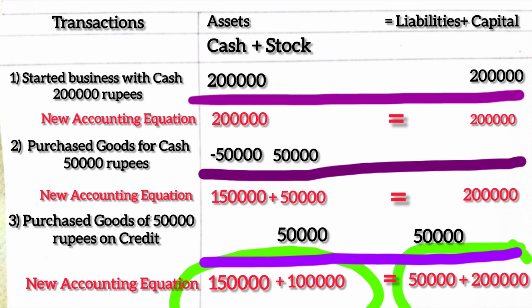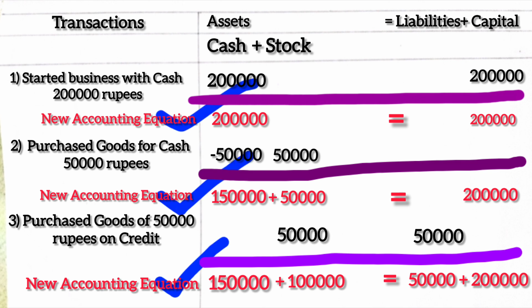That is our left hand side, and our right hand side is 50,000 plus 2 lakh is equal to 2 lakh 50. Yes or no? You see, the accounting equation is always tallied. So whatsoever transactions take place in business, no matter what is happening in the business, the accounting equation will always hold its place.